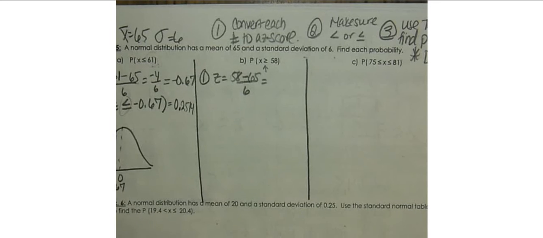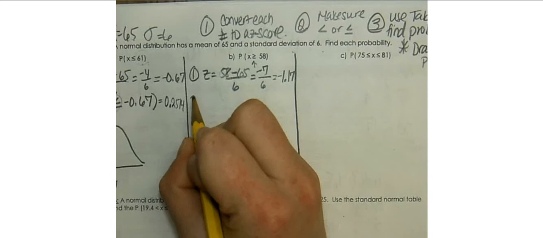So 58 minus 65, that is -7 divided by 6. And if you were to put -7 divided by 6 into your calculator and round to the nearest hundredth, that is -1.17. So we want to figure out the probability that z is greater than or equal to -1.17. But it needs to be less than or equal to.